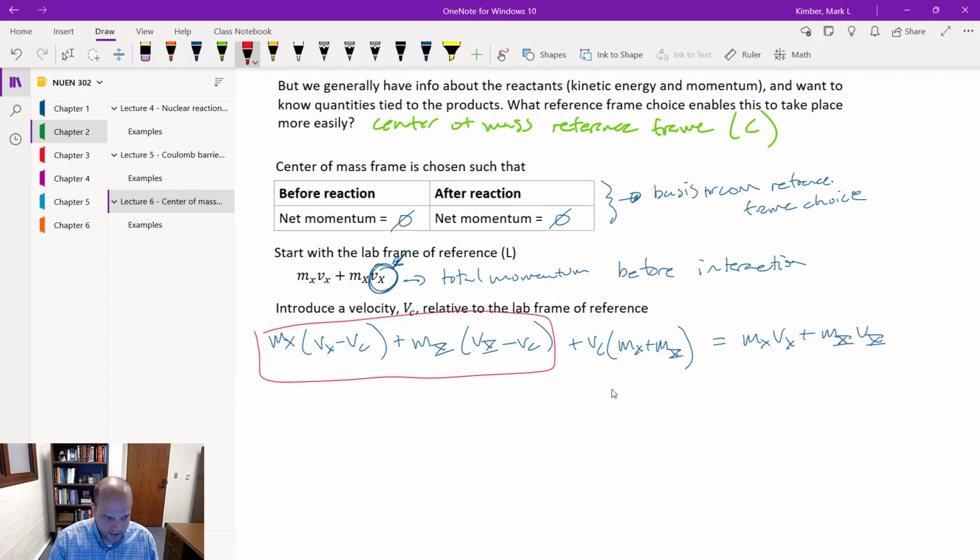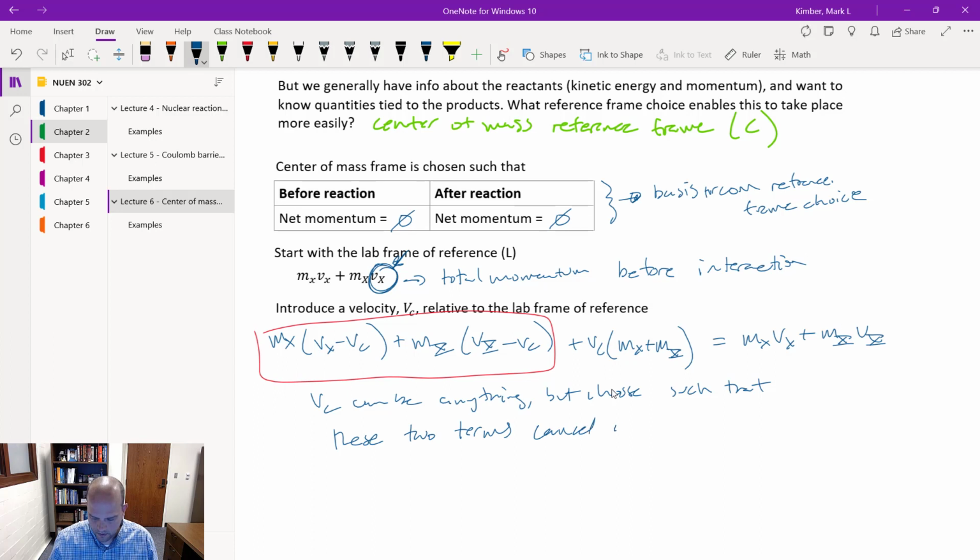I want these two terms to add to 0, so I'm going to choose it such that they cancel out, and then I can just solve for that Vc.